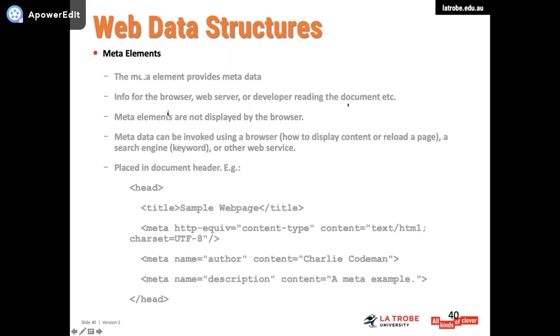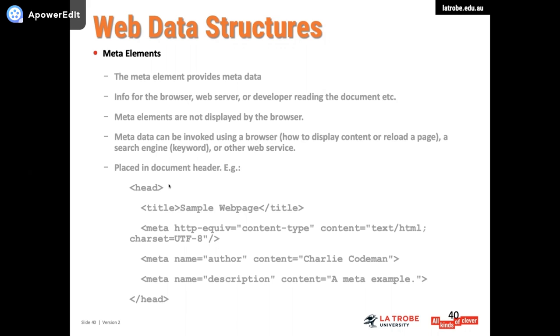So metadata can be evoked by a web browser, such as how to display content or reload the page, or by a search engine, such as keywords, or other web services. So where do we usually put these meta elements or metadata? Just as we mentioned last week, usually we place this information into the document header.